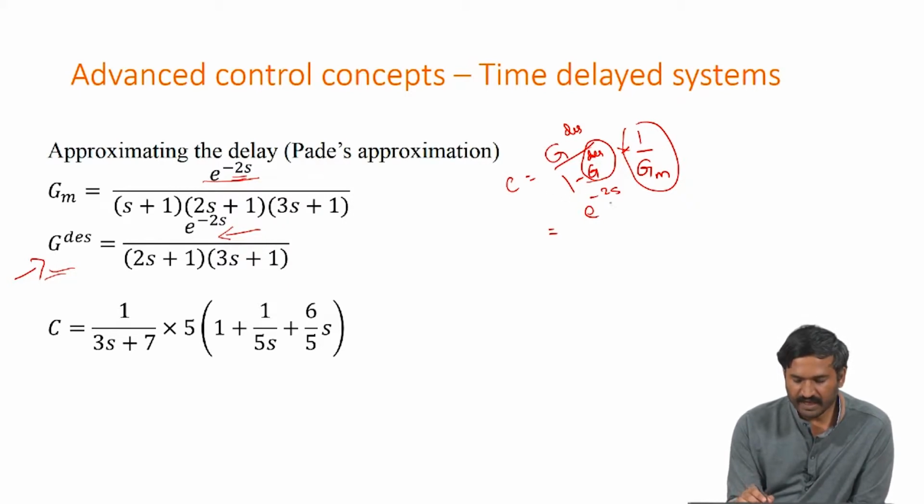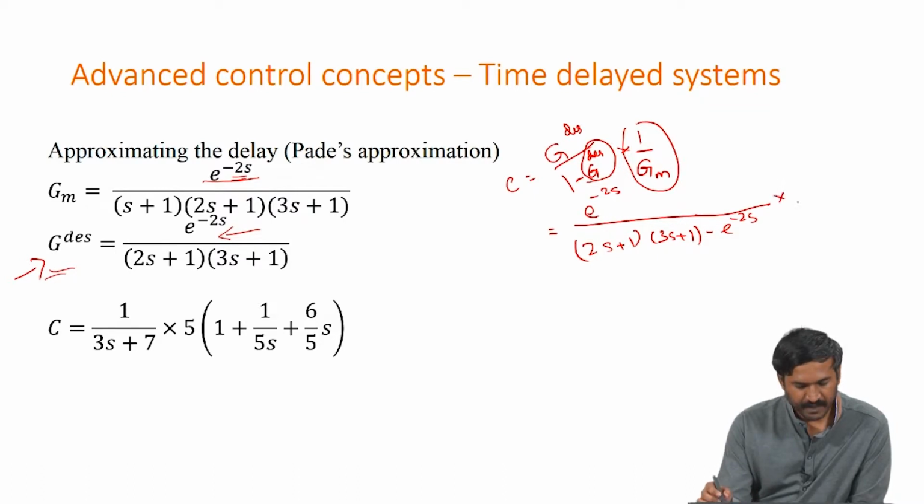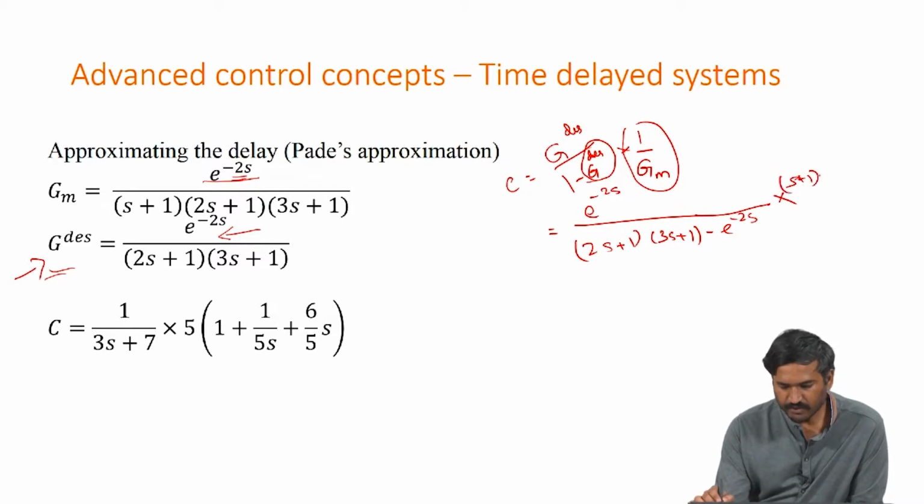Because of that we will have something like 2s plus 1 into 3s plus 1 minus e power minus 2s, right. So, into s plus 1 into 2s plus 1 into 3s plus 1 divided by e power minus 2s.